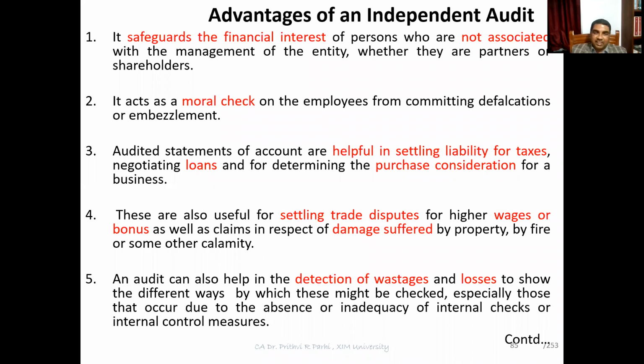These trade disputes, as well as disputes in respect of damages suffered by property, fire and other calamities, can be settled with the help of audited financial statements. All these disputes can be settled through audited financial statements.